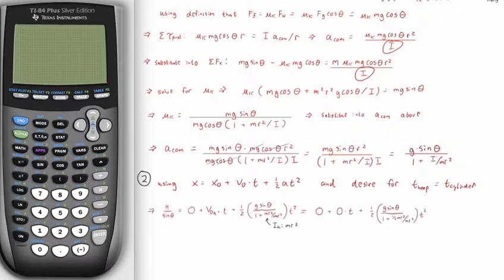There we go. So, like I was saying, our only unknown is the initial velocity of the hoop. We want to solve for that. We don't have the time other than knowing that it's equal for all of them.